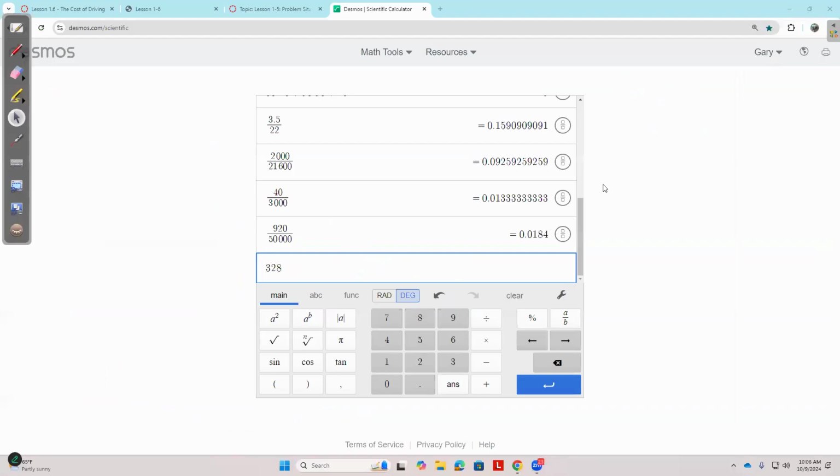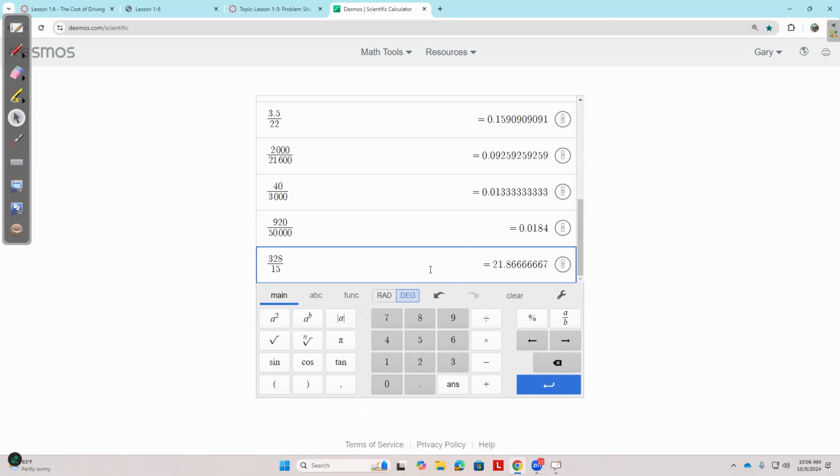Okay, 0.022. Sound good? 2.2 cents per mile.